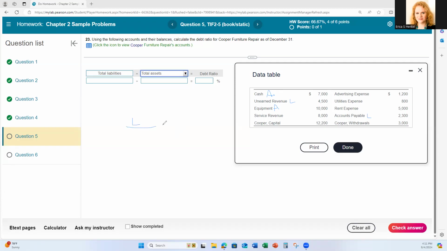So for liabilities, we have 4,500 and 2,300, so 6,800. And then for assets, we've got 7,000 and 10,000, so a total of 17,000.